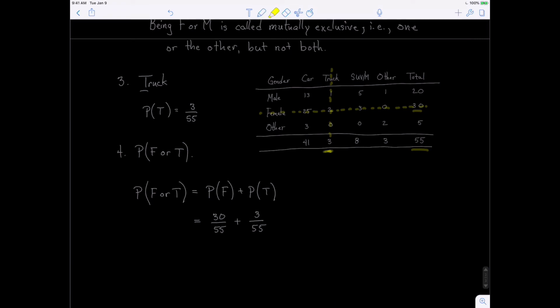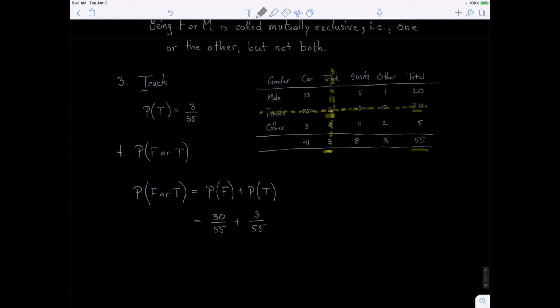Notice that when we counted the 3, this 3 included an overlap of the 2 females. So we counted the total number of females that drove the truck. We counted them once when we added the row, and we counted them again when we added up the column.